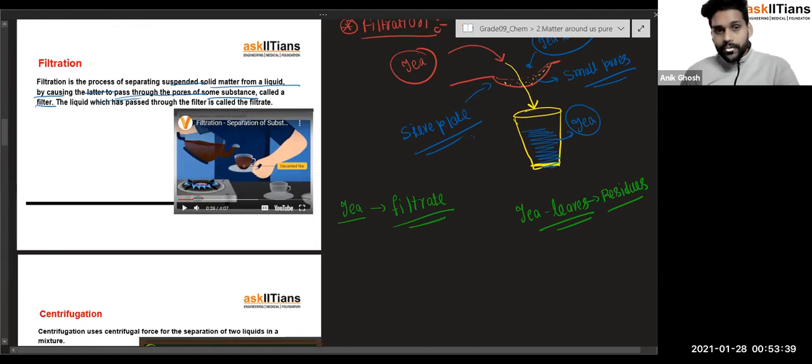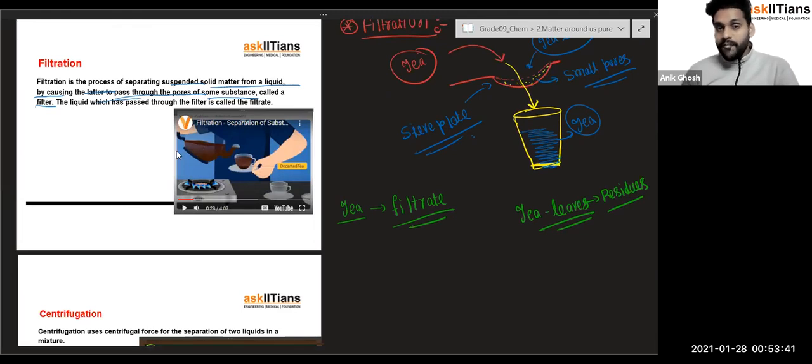If you try to decant tea, the tea leaves are not heavy enough. So for that reason, in your decanted tea there would be tea leaves as well, right?